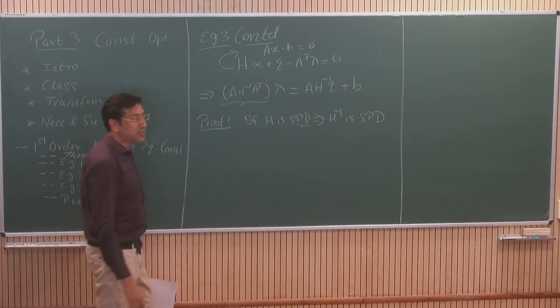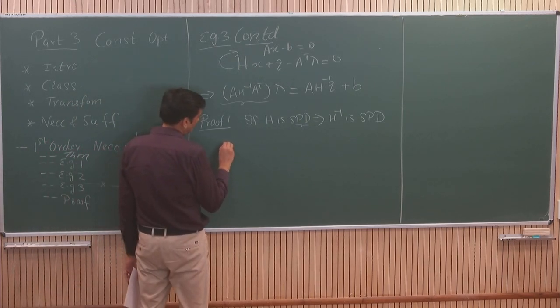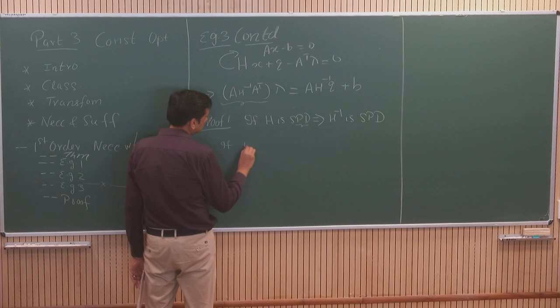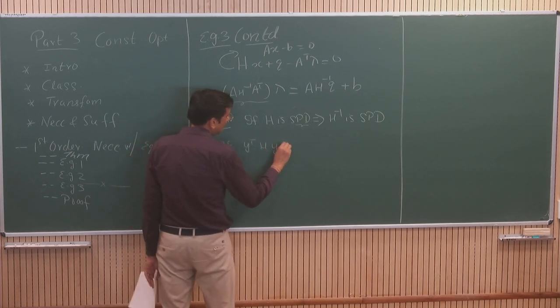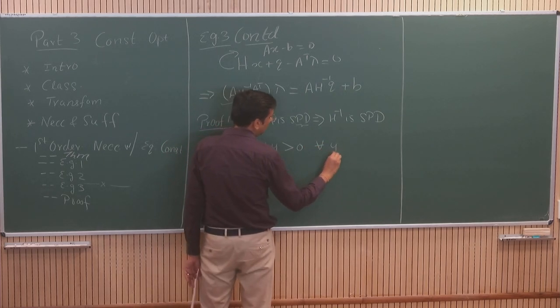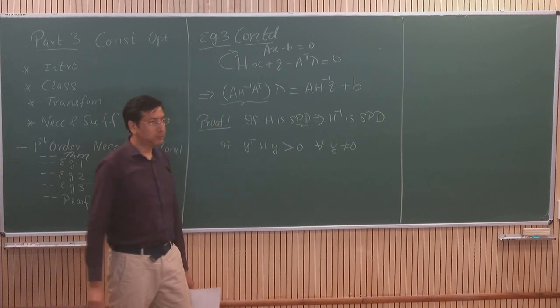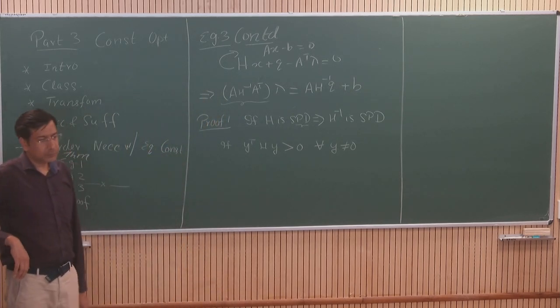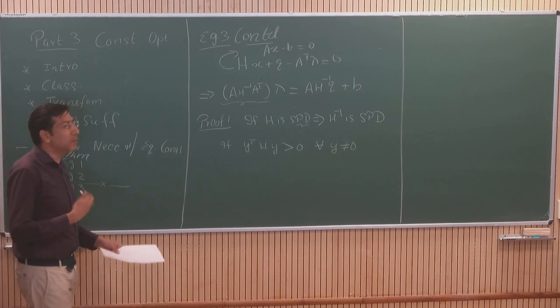So what is positive definite? If y transpose H y is strictly greater than 0 for all y not equal to 0. Well, if y is equal to 0, then it'll become equal to 0, right?